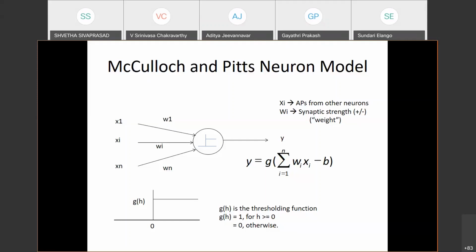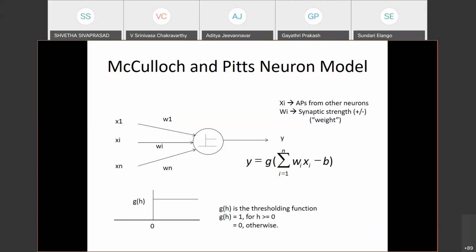So for this to happen, you need to use a nonlinear function, because for a whole range of inputs, the output y is either 1 or 0. That's only possible if g is some kind of a threshold function, because if the total input sigma w_i x_i is greater than b, then y is 1, otherwise y is 0.